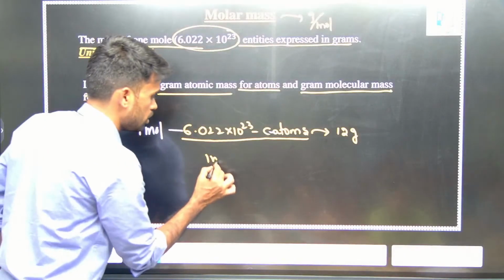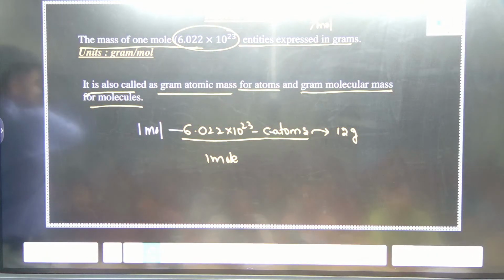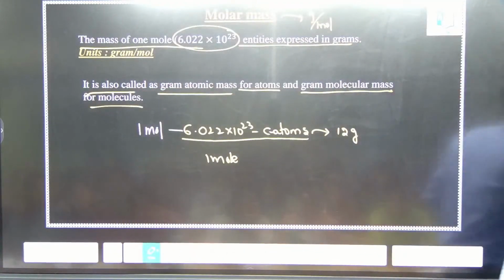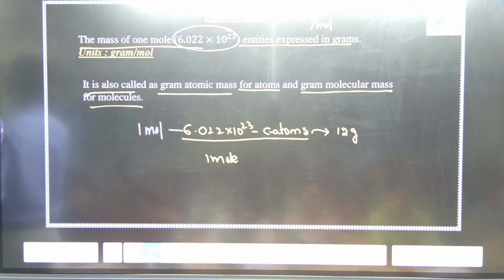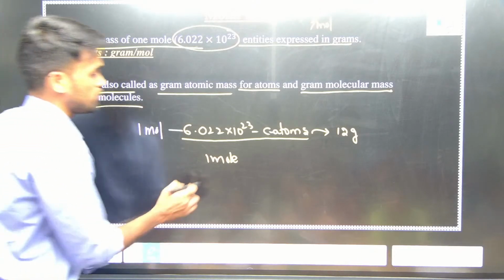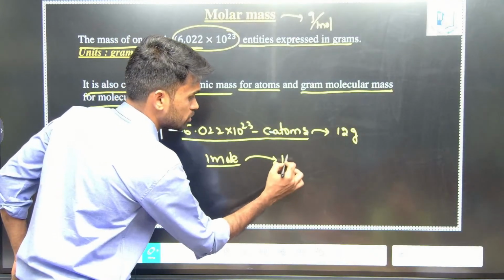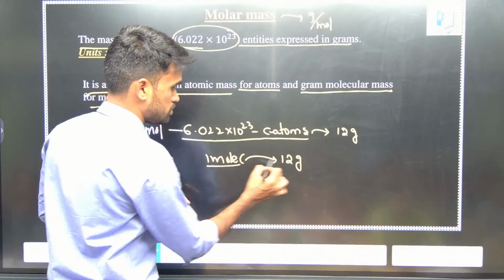So 1 mole means how much quantity are we saying? 12 grams. 1 mole of carbon atoms means 12 grams of carbon.